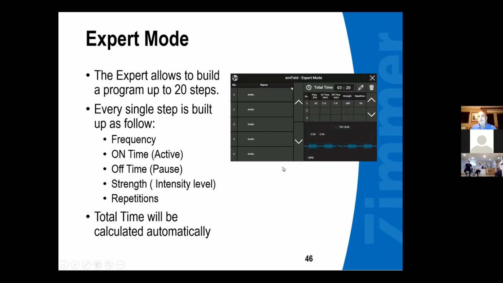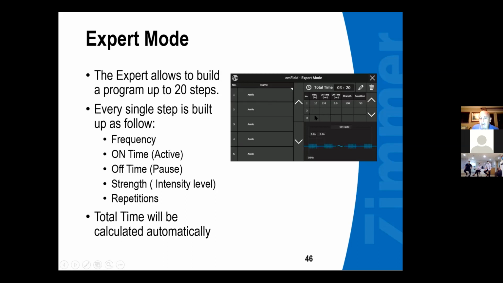And last but not least, the expert mode. The expert mode allows you to build up to 20 different steps. Every single step is built up as follows: the frequency, the on-off time, the strength, and the repetitions.